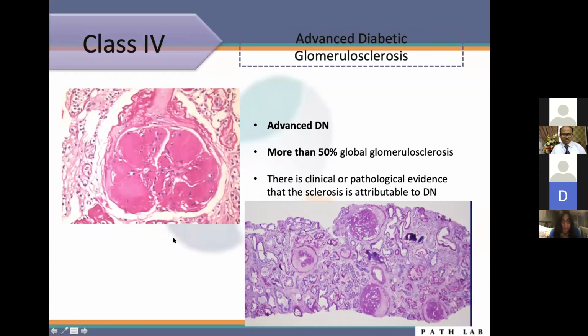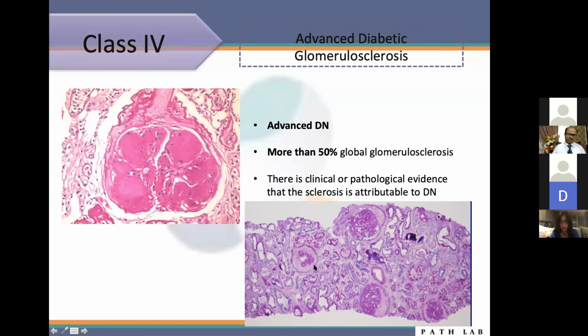Diabetes for me is a disease of hyalinosis. Whenever I see hyalinosis in the glomeruli, in the arterioles, within the sclerosed glomeruli, this signals diabetes. It's a highly hyalinotic disease. As I said, advanced diabetic glomerulosclerosis will be more than 50% global glomerulosclerosis, and you have clinical or pathological evidence that the sclerosis is attributable to diabetes.